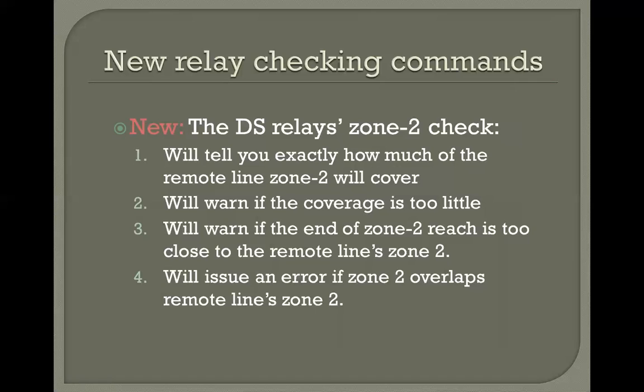Number 3, it will warn you if the end of zone 2 is too close to the remote line zone 2. So you can set a limit, say, if the two are within 5% of each other, then tell me about this. And number 4, certainly, the program would give you a big error message if the zone 2 overlaps the remote line's zone 2. And really, that is the main purpose of this zone 2 checking, to make sure that two zone 2s don't overlap each other.